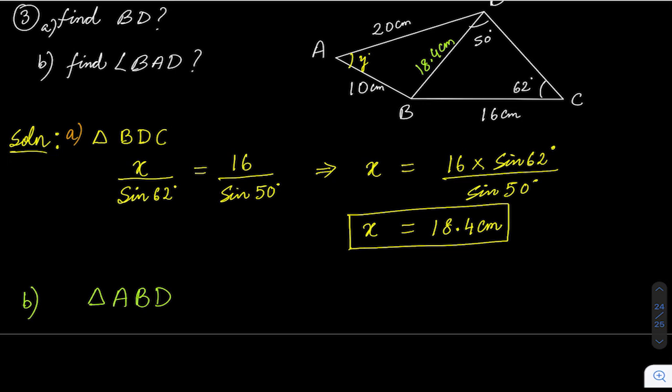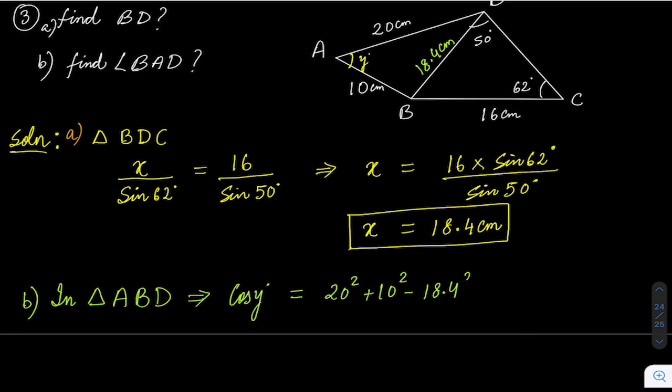So cosine rule says in triangle ABD, cos of y degrees is equal to the sides that contain this angle, that is 20 and 10. So 20 squared plus 10 squared minus the opposite side. Opposite is 18.4.